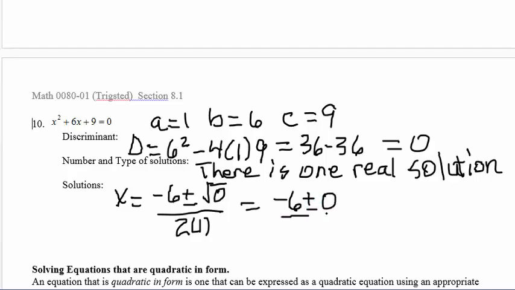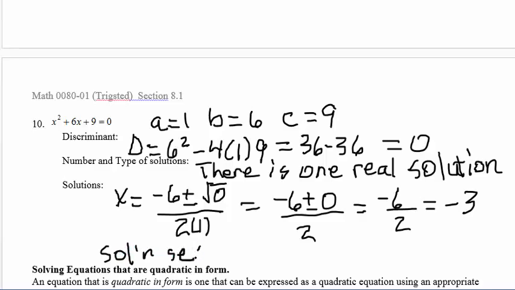The square root of 0 is 0 over 2. So this is minus 6 over 2, which is minus 3. So your solution set has this one real number in it, and that real number is negative 3. So that's my solution set.